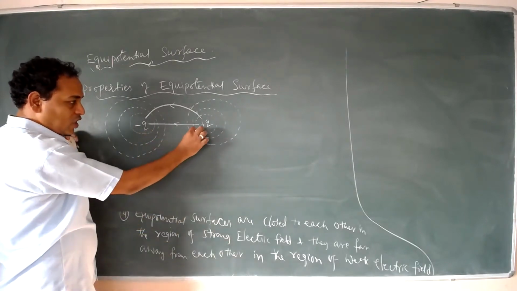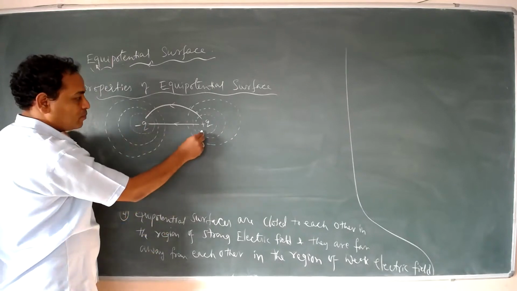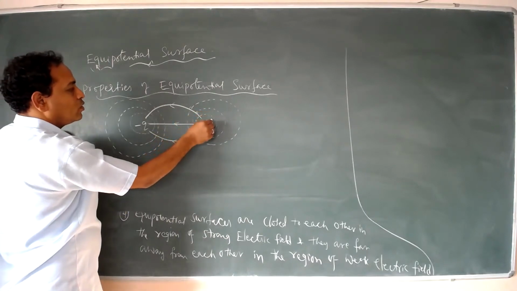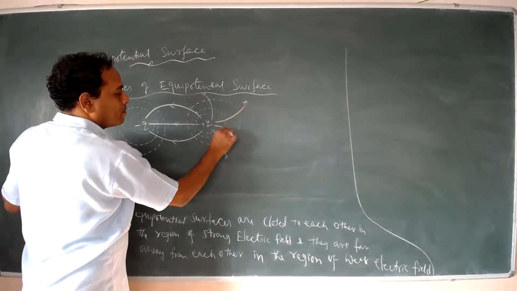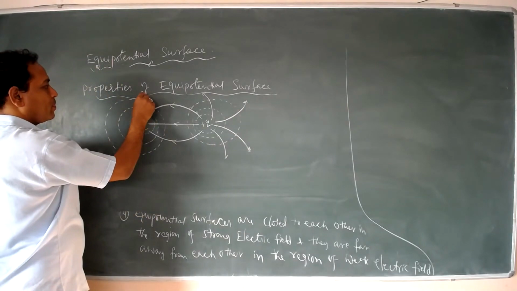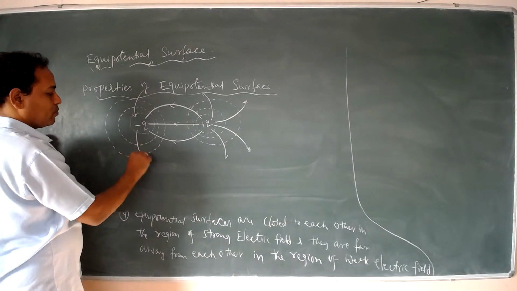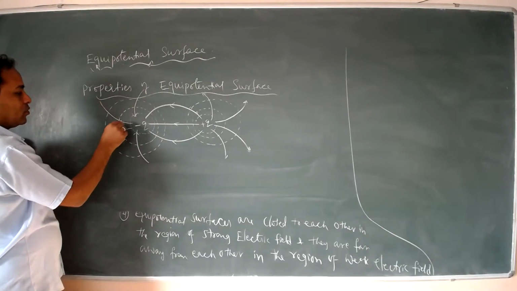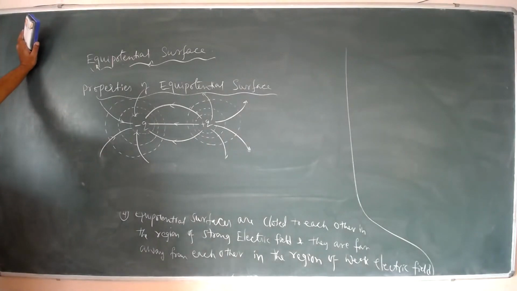Even though they are bending, when the field line enters the potential surface it will always be perpendicular. So this is the diagram of equipotential surfaces for negative and positive charges.